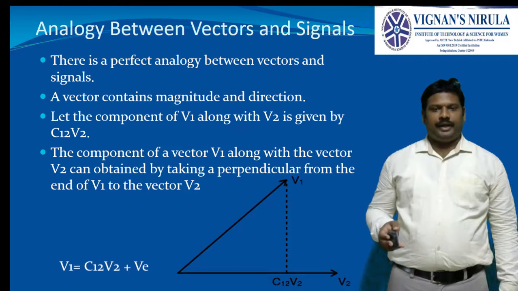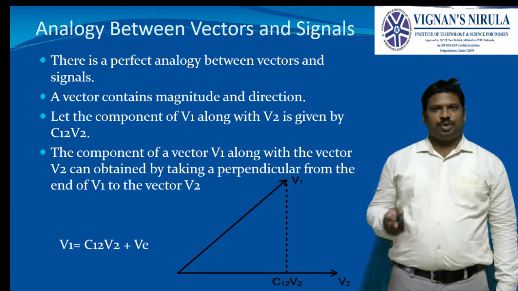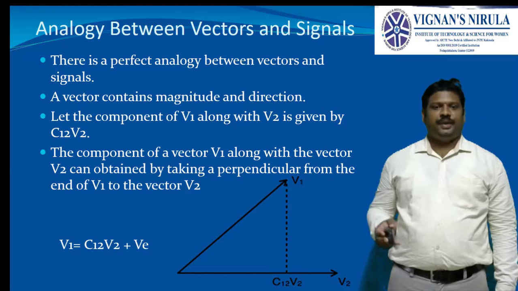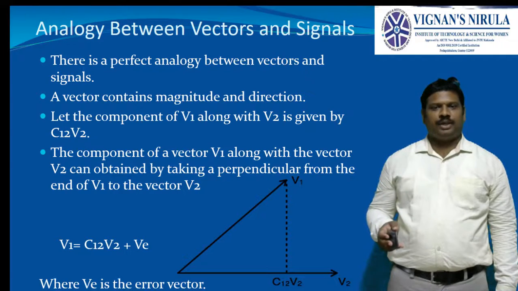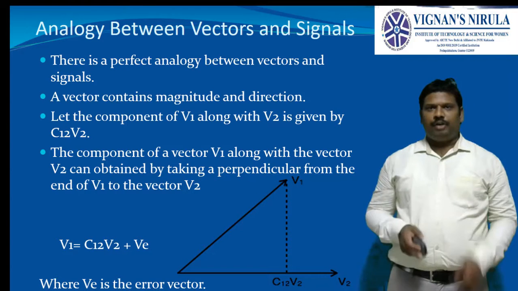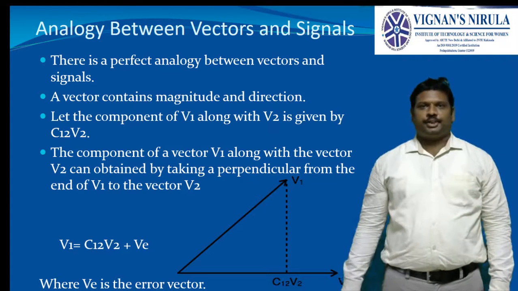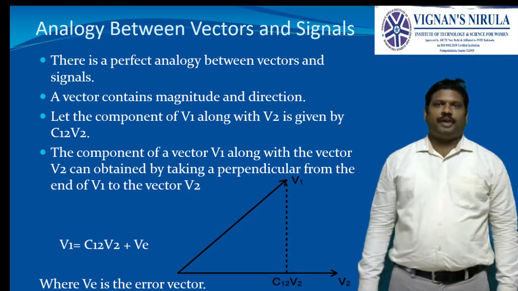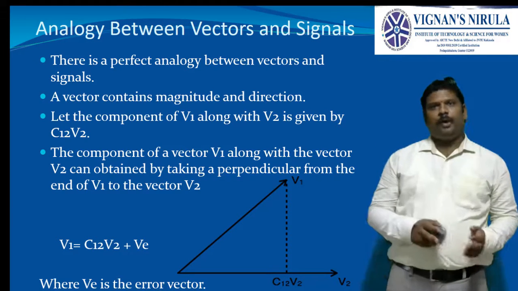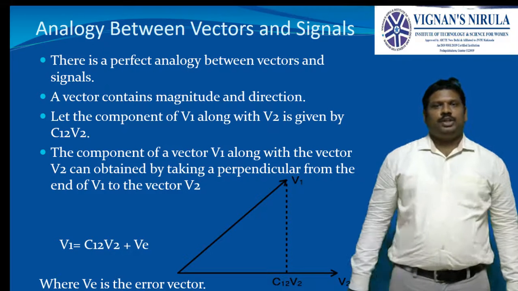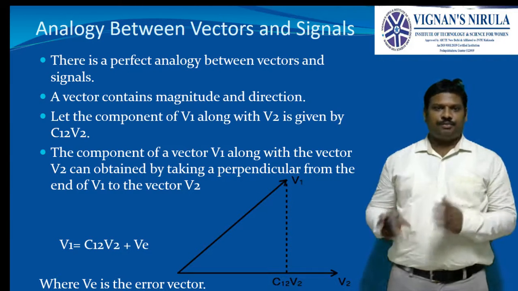This perpendicular line will give V1 is equal to C12 into V2 plus VE, where VE is our error vector. This is one possible way of drawing the corresponding component from the V1 to the V2. Therefore, we get a component called C12. This V1 is equal to C12 V2 plus VE.